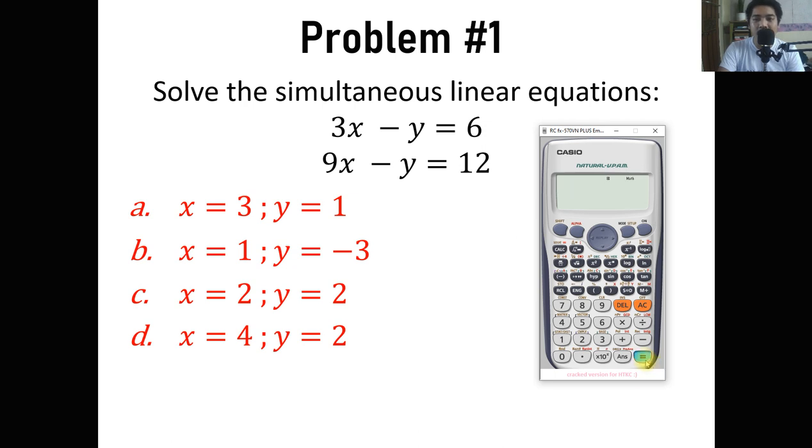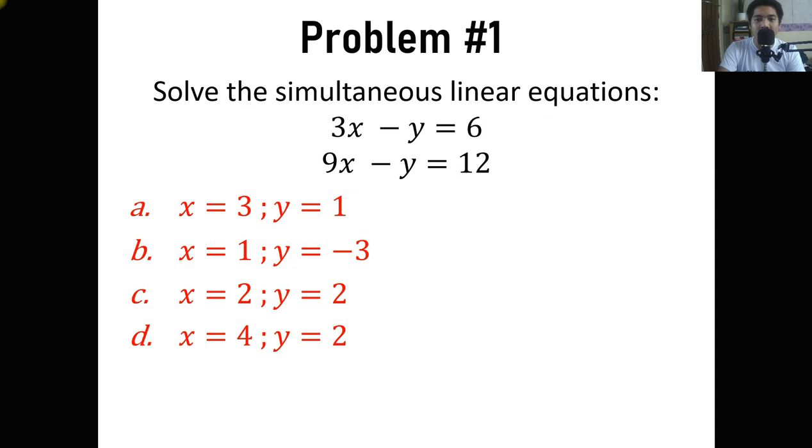So again, x equals 1 and y equals -3. It's that simple. Just don't forget that it should be in this form, where the constant is on the right side of the equation. That is our answer.